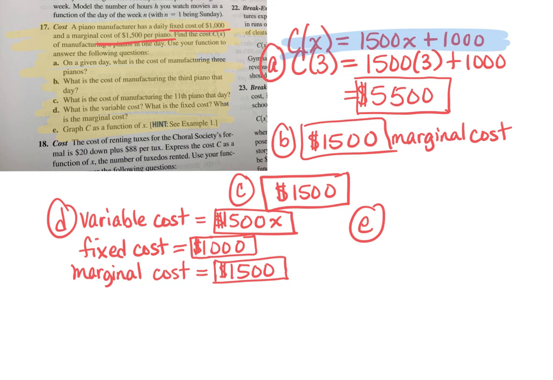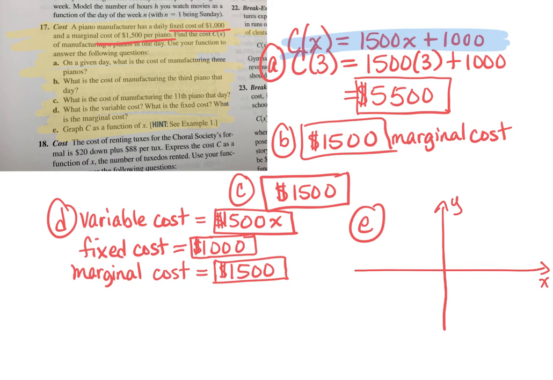Third or first row, what do we do here? How can we go about doing this? Find your y-intercept. What's your y-intercept? 1,000, good. Now, does this have to be drawn to scale? Not necessarily. So we're just going to do 1,000.